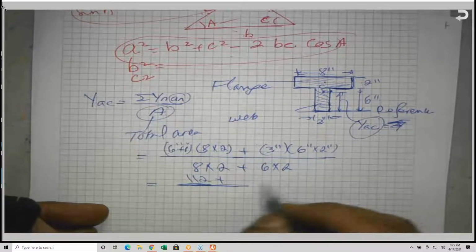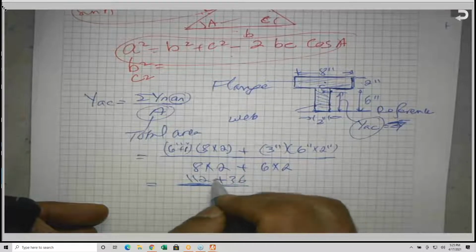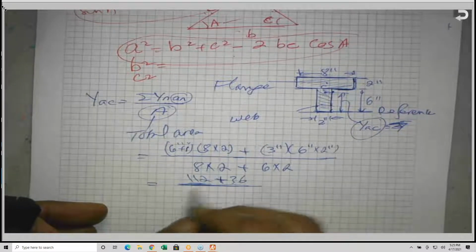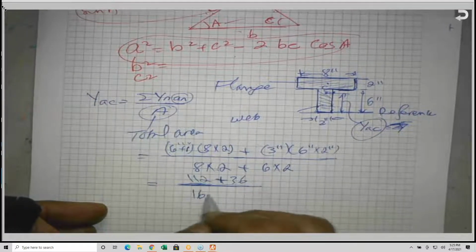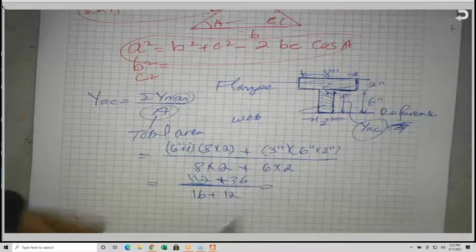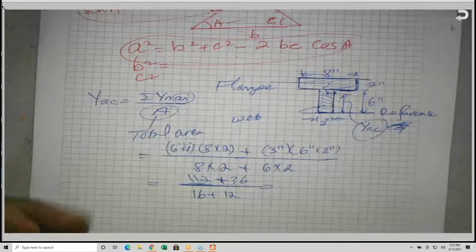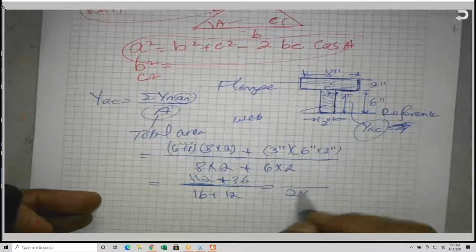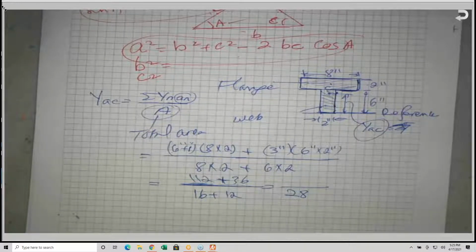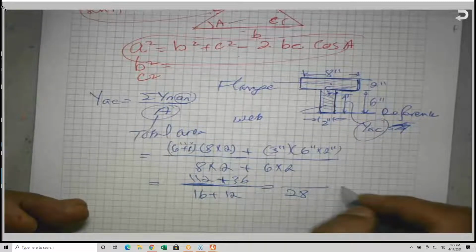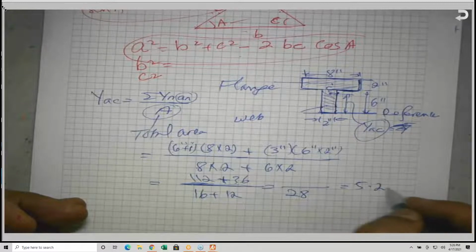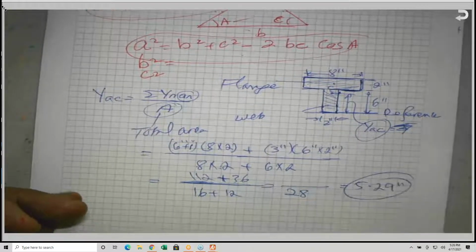Sometimes we don't need to do 36. Divided by the 2 times 8 is 16, and this is 12. So the total here is 28, and 112 plus 36, divided by 28, will give us 5.29 inches if we round it.